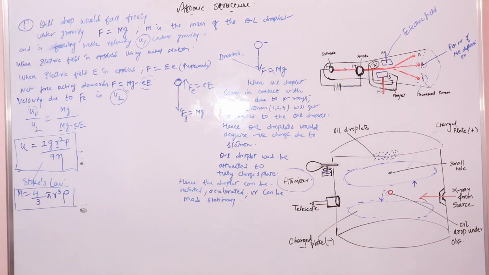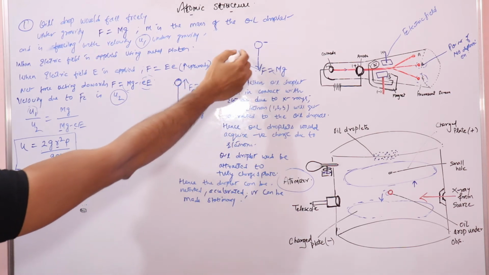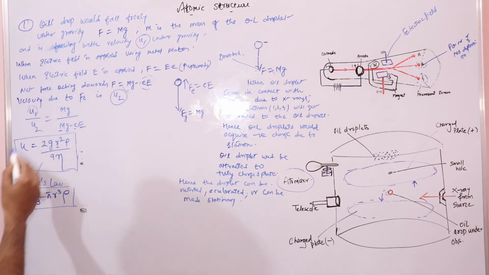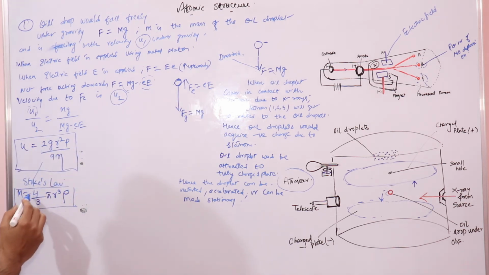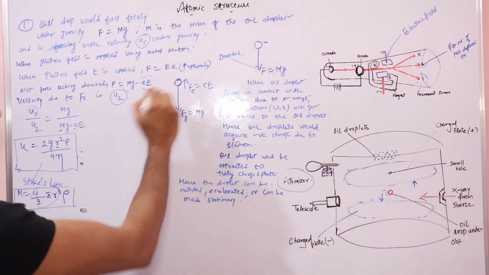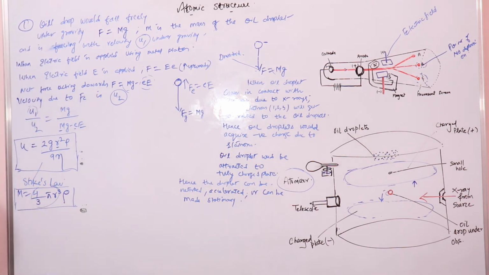So under gravity, u1 is equal to 2g r square rho upon 9 eta, as per Stokes' law, and the mass of the oil droplet would be volume into density, where volume is 4 by 3 pi r cube, considering the droplet as a sphere, and rho is the density of the oil droplet.